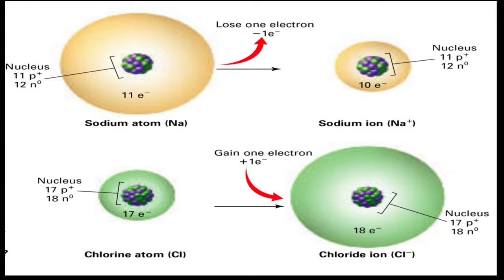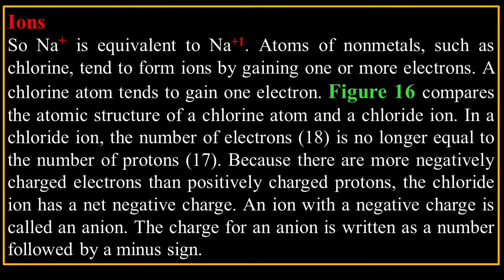And here the chlorine atom is going to gain an electron, and you're going to get a negative 1 charge. Keep this in mind when we talk in Chapter 7 about ionic bonding. This will help explain that whole concept. You really have to know your ions. So, sodium plus 1 is equivalent to sodium plus 1.